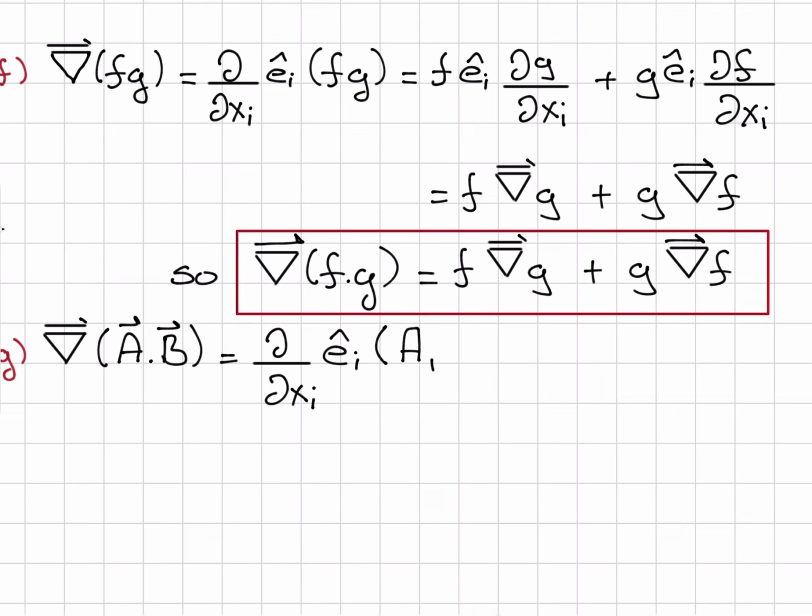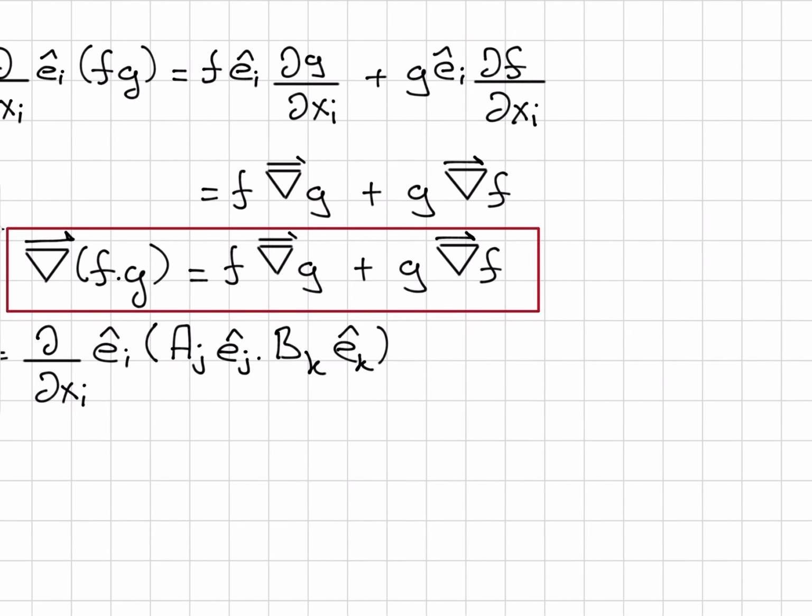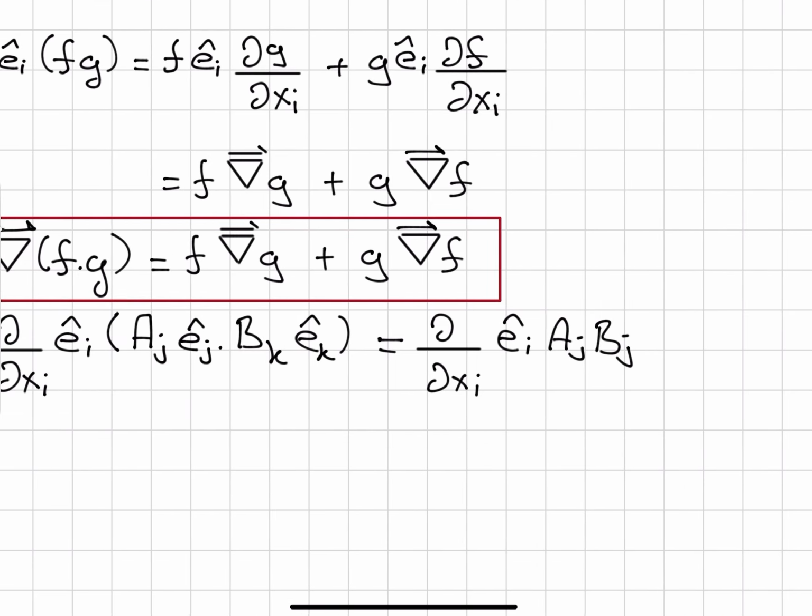Vector A is aj ej hat, dot product with vector B, which is bk ek hat. And ej hat dot ek hat is Kronecker delta jk. So that means I have del xi ei hat applied to aj bj, j components of a and b, because ej hat dot ek hat is Kronecker delta jk.